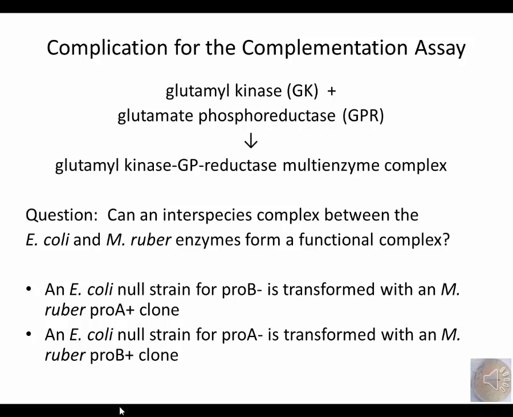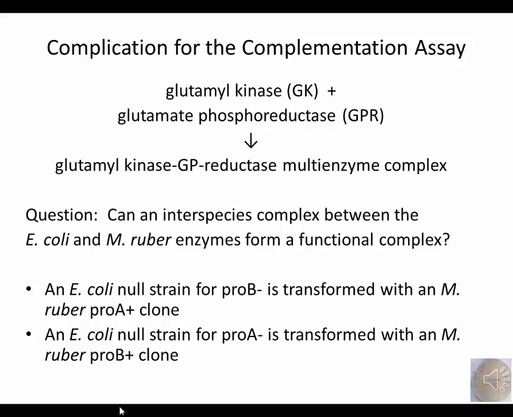In bacteria, GK plus GPR form a multi-enzyme complex that is essential for GK function, but not for GPR function. The question arises whether an E. coli glutamyl kinase, GK, can function when it forms a complex with an M. ruber GPR or vice versa.